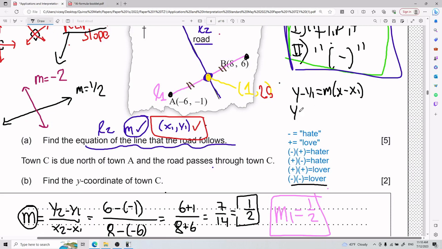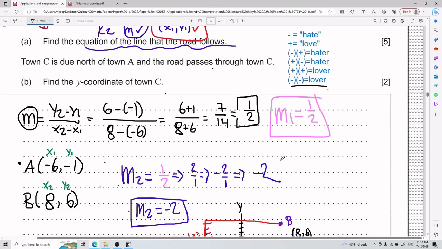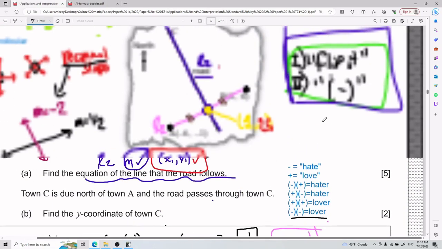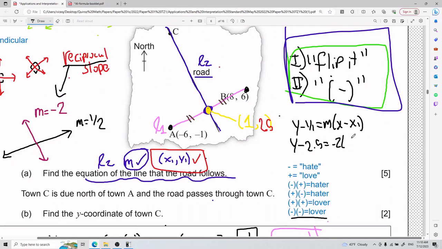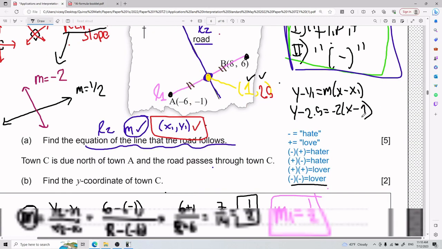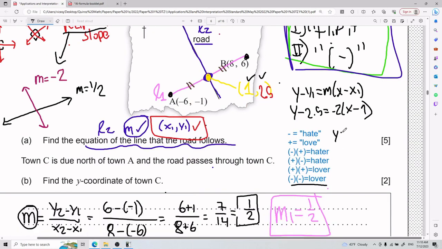All right, so what is my y1? 2.5. What is my m? -2, cierto? -2 from before. x minus x1, which we said was 1. See, this one here. All right, cool. So if I go ahead and solve this, then y minus 2.5 stays on the left.